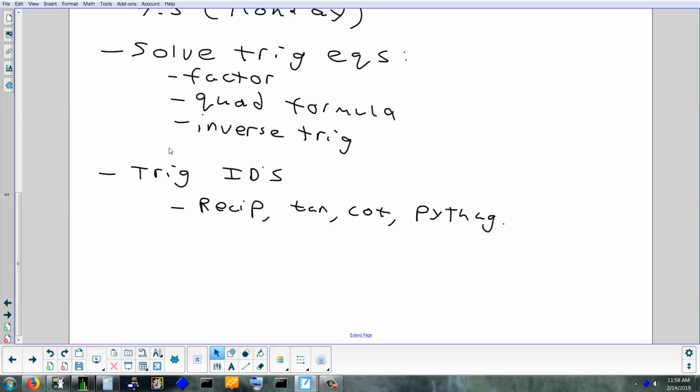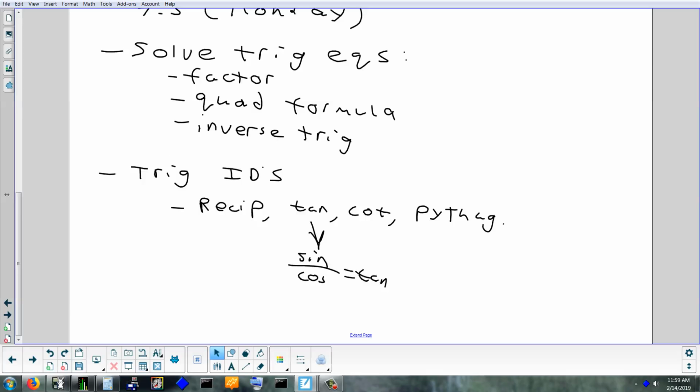Pythagorean are actually up on the board over there. The reciprocal is like if you flip cosine, you get secant. If you flip tangent, you get cotangent, stuff like that. The tangent one, that's like this: sine over cosine equals tangent. Cotangent, flip it. And that's it for the identities.